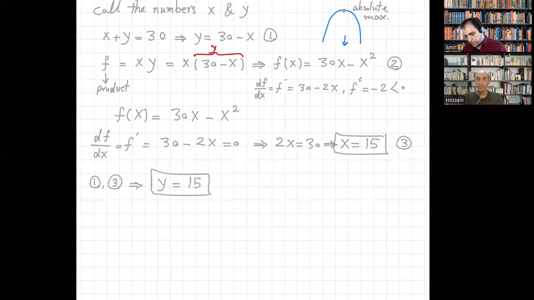We know that these are the critical numbers. So if I put x inside this function, I will get the maximum value for f, which is our product. Simply we can multiply x by y, which is 15 by 15. So it's going to be 225.